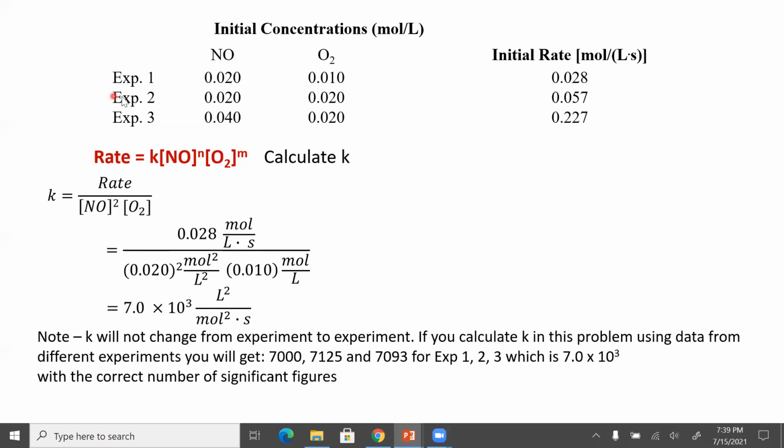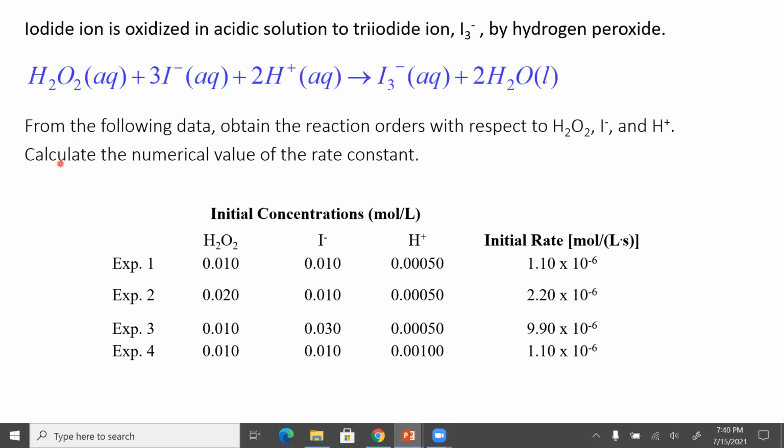If we were to take experiment 2 and plug in the numbers, and experiment 3 and plug in the numbers, we'd get 7,125, 7,093, but with only 2 significant digits, they're all exactly the same number. Okay, so our K is a constant. We can pick any one of the trials, plug in the rate, plug in the concentrations, and you can calculate K. So let's look at another example.